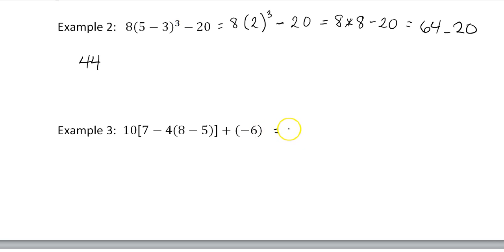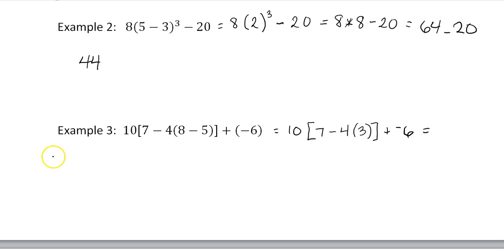So here I'm going to have 10 and I'm going to do my square bracket so we can just kind of see where everything is, minus 4, and then that's going to be 8 minus 5 is going to give me a 3. There we go. And then I'm going to add a negative 6. And again, I could have done a subtract 6 because if I change the operation and I change the sign, that's fine. I'm allowed to do that.